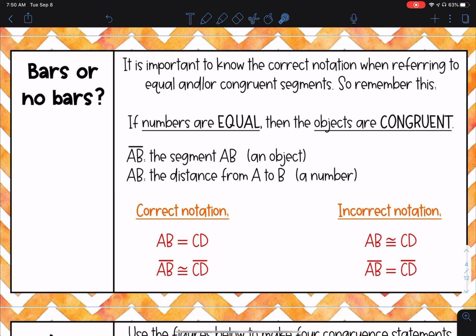So this would be equal, and this would be congruent, because if you put the bar on top, it's talking about the object, just the name with no numbers. That's why they are congruent. Objects are congruent. Now this would be the incorrect way to do it. Do not put the congruent symbol when you don't have the bar above it. Same thing goes for the opposite way as well. Don't do that. It's wrong.